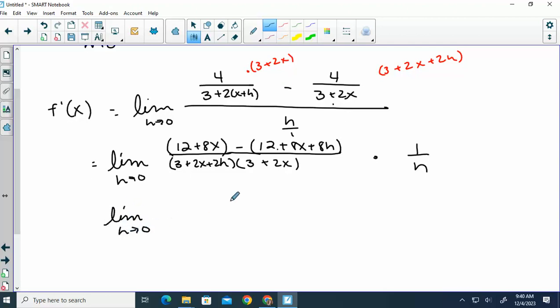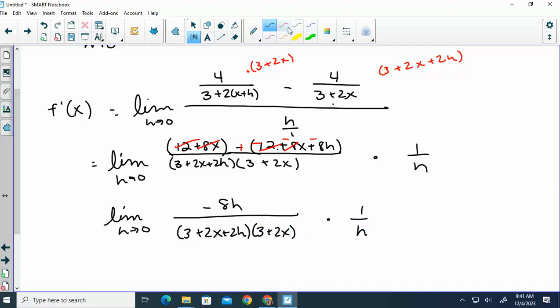Remember, we have to do this if I say definition. Now, you could certainly go out to the side and do chain rule or quotient rule or something and check yourself, but you have to have this work. So if we distribute the negative, then these cancel. So we have a negative 8h, then my h's cancel. So you can plug in your h equals 0. So we get 3 plus 2x times 3 plus 2x on the bottom.